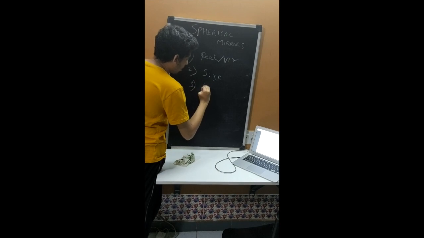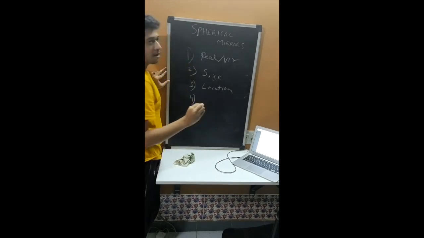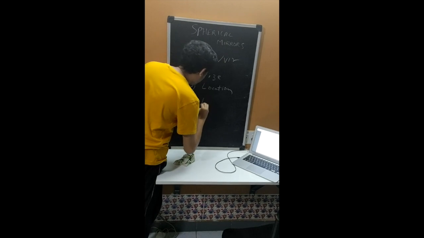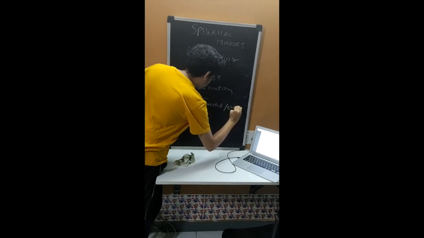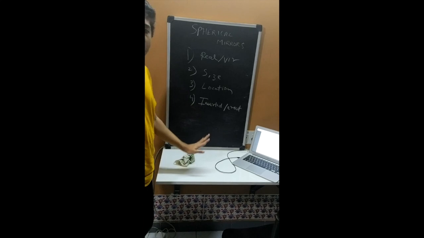Third, we could tell the location. Fourth, we could tell whether the image is going to be inverted or erect. Okay, so these four things we were able to tell about the image.